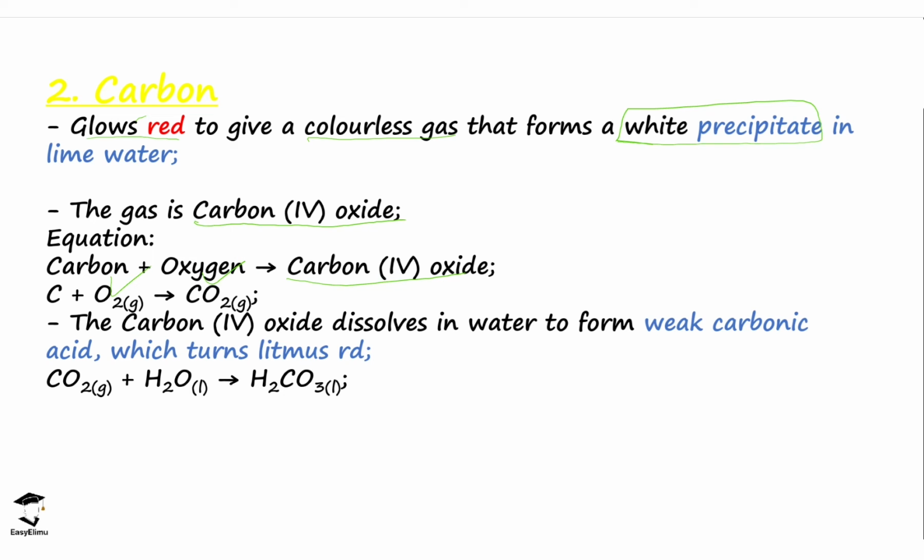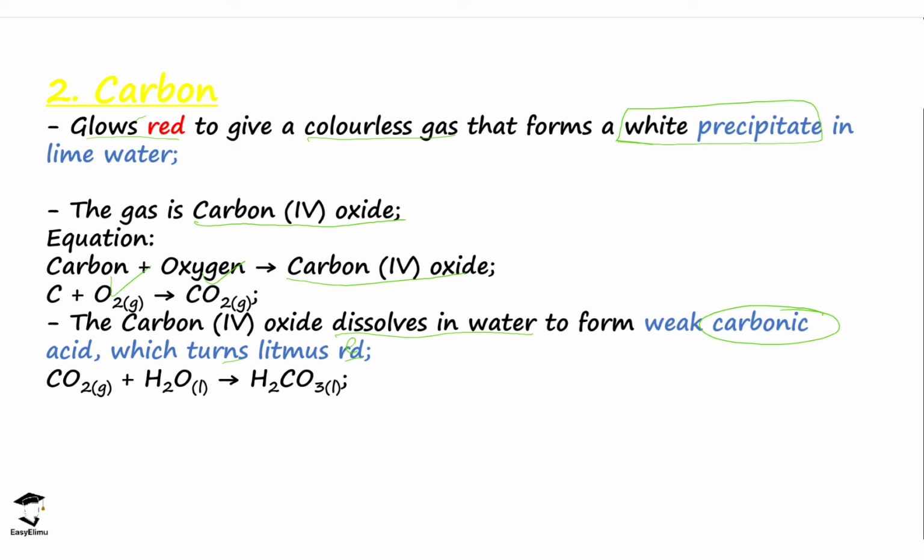So when you take this product and dissolve it in water, it is going to form a weak acid referred to as carbonic acid. How do we know that it is an acid? Because it turns blue litmus paper red, and red litmus paper will remain red.